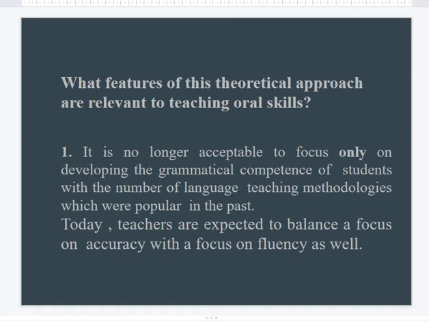So, in today's world, teachers are expected to balance a focus on accuracy with a focus on fluency as well. If your task is to develop communication skills, it is not only about developing grammatical rules and the spoken style. The focus should also be given to the accuracy as well as the fluency of the students.